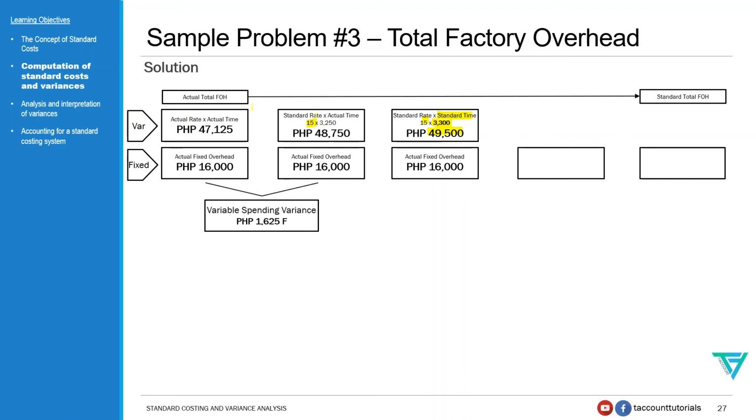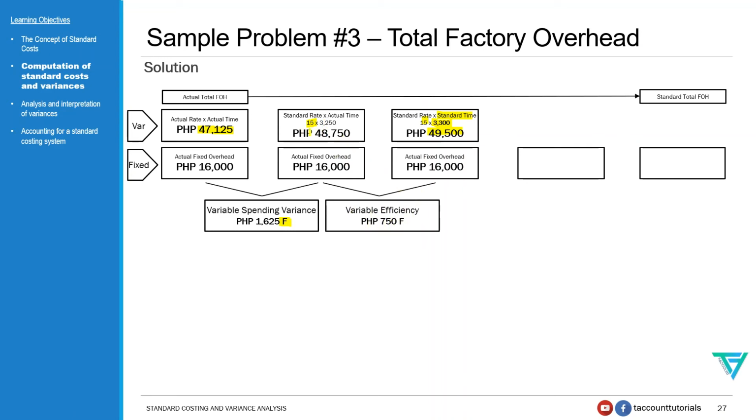If we deduct these two figures, we arrive at 1,625 favorable variable spending variance because we spent less than what is the actual time at standard rates, right? And then we could also proceed to analyze the variable efficiency variance, which is 750 favorable.